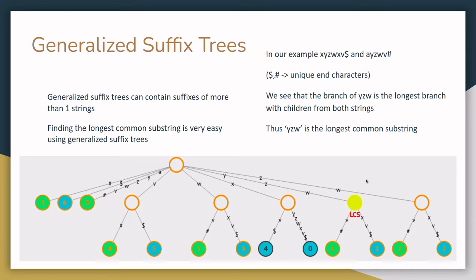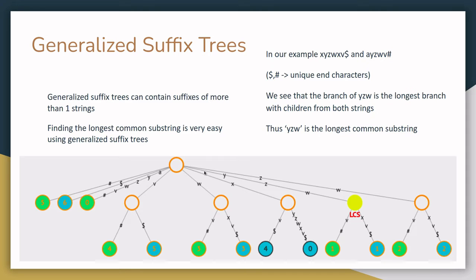Okay, so as we can see, this is the root node, and then there are multiple leaf nodes, and there are multiple internal nodes as well. So if we look at each internal node, there are 4 internal nodes here which have children which come from both the strings, and among them the longest branch is y, z and w.